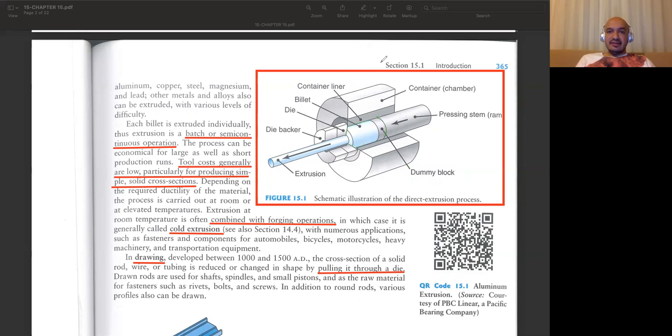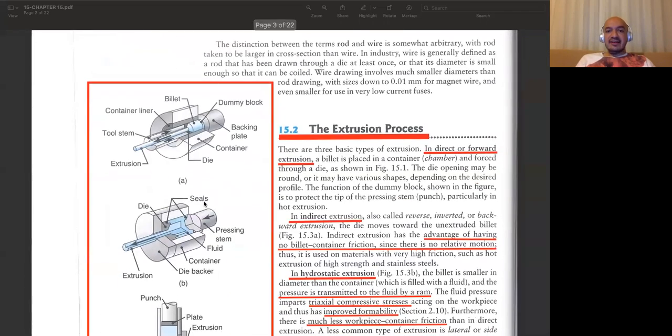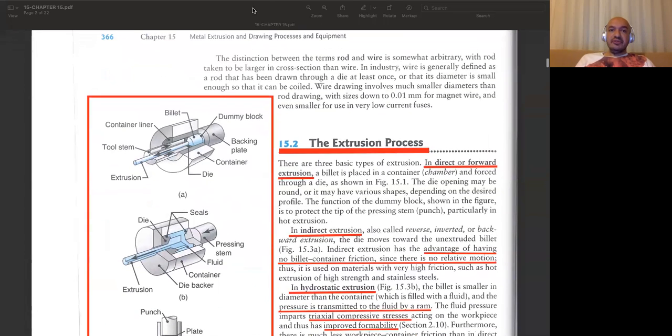Now let's talk about indirect extrusion. As the name implies, this time we have a difference in terms of directions. In the previous one, it was a direct extrusion, and the material was flowing in the same direction we are applying the force. But this time, this is the direction we are applying the force, but the material is extruded in the opposite direction.